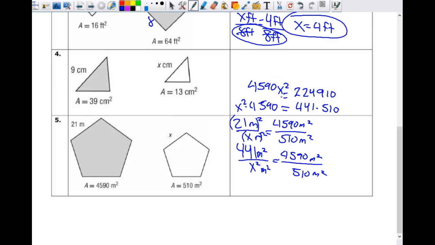Okay, a little bit crooked. I'm sorry. All right, last step. What do we need to do? Divide both sides by this number. All we've done is cross multiply, I'm just going up instead of down.